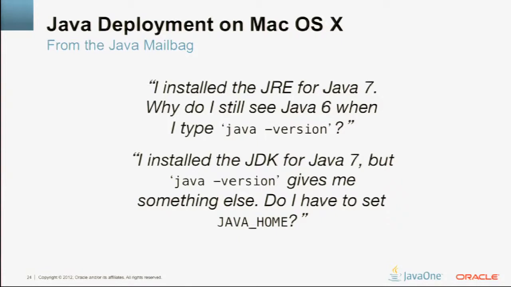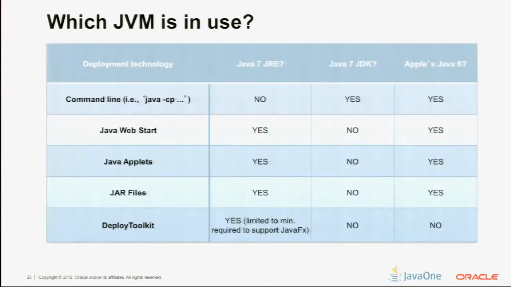Do I have to set JAVA_HOME? Well, JAVA_HOME and setting a path is a Windowsism, basically. So the short answer is no, you don't have to set JAVA_HOME. For the first one, remember what I said: when you install the JRE, it is not available from the command line. You have to install the JDK to see Java 7 on the command line.